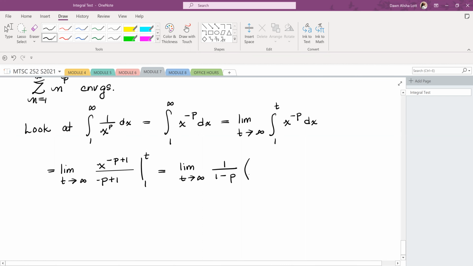So now I'm going to get 1 over t to the p minus 1, minus 1. Okay.